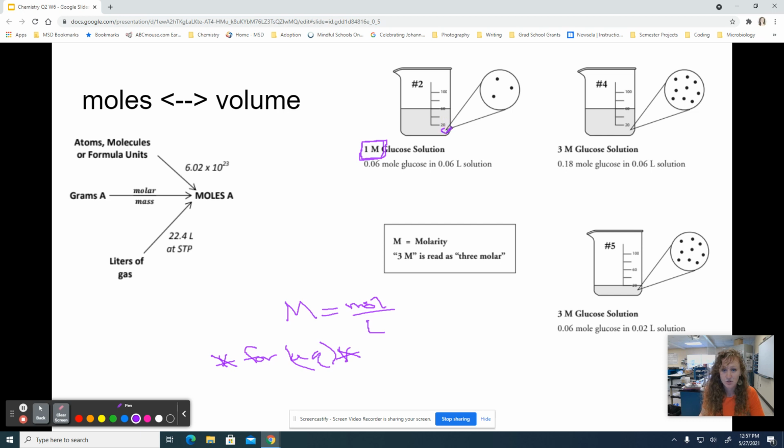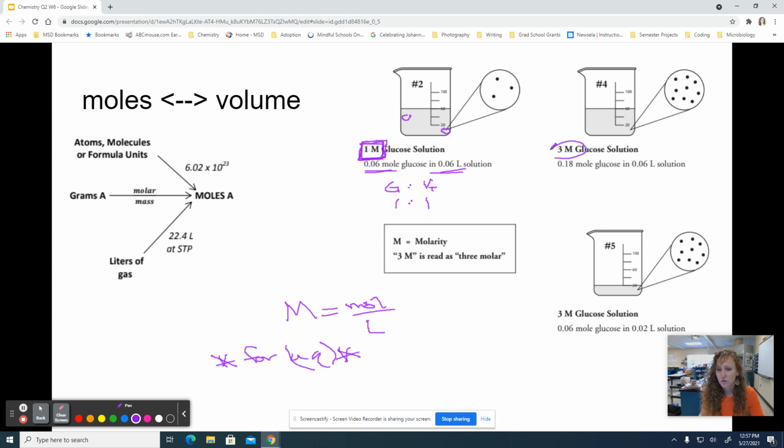If we take this drop, we're going to get a ratio of glucose to volume of 1 to 1. If we take this drop, we're also going to get a ratio of 1 to 1 when we're looking at glucose to volume. So that's what this 1 molar is communicating, that the ratio of glucose to total volume is a 1 to 1 ratio.